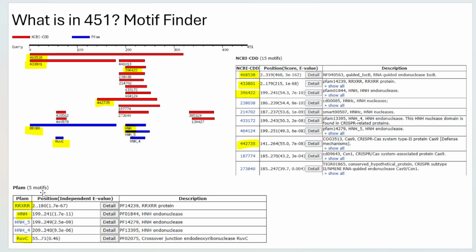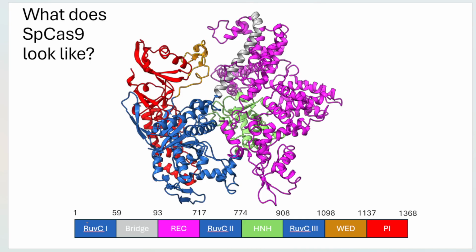The second database it compares to is Pfam. So down here, RXRR, right there, comparable to the 433801 from NCBI. They're pretty much agreeing, yeah, there's probably an RuvC domain in here. Remember, back here, RuvC is pretty large and dispersed.